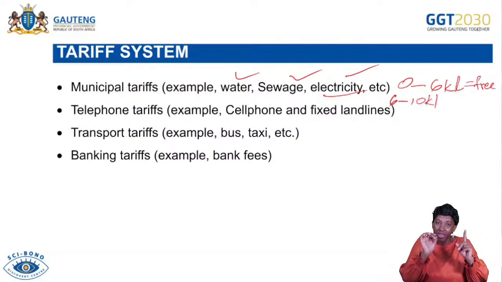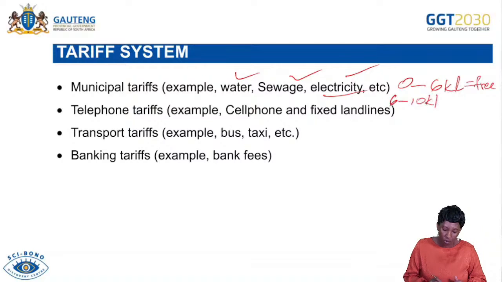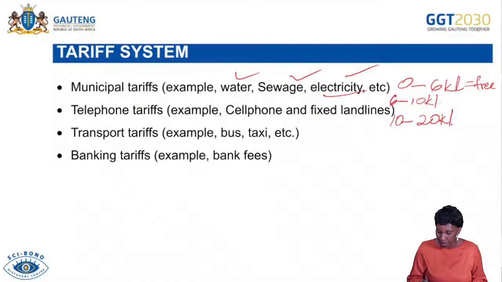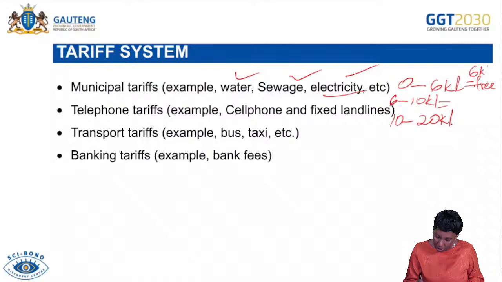And remember, with this sliding scale, if you want to know how many kiloliters of water you used, boys and girls, as we can see, for example, I have 10 to 20 kiloliters. Now, for this one, I said it's free. And how many kiloliters? 0 to 6, it is 6 kiloliters, meaning it's free.